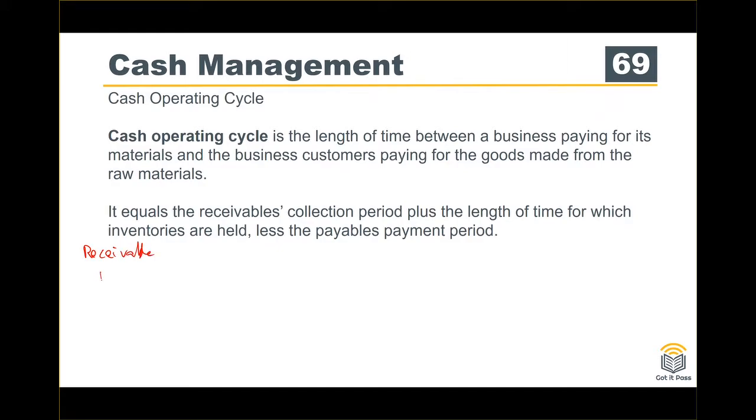For receivable period, it is the average receivables divided by credit sales, times days, say 365 days.